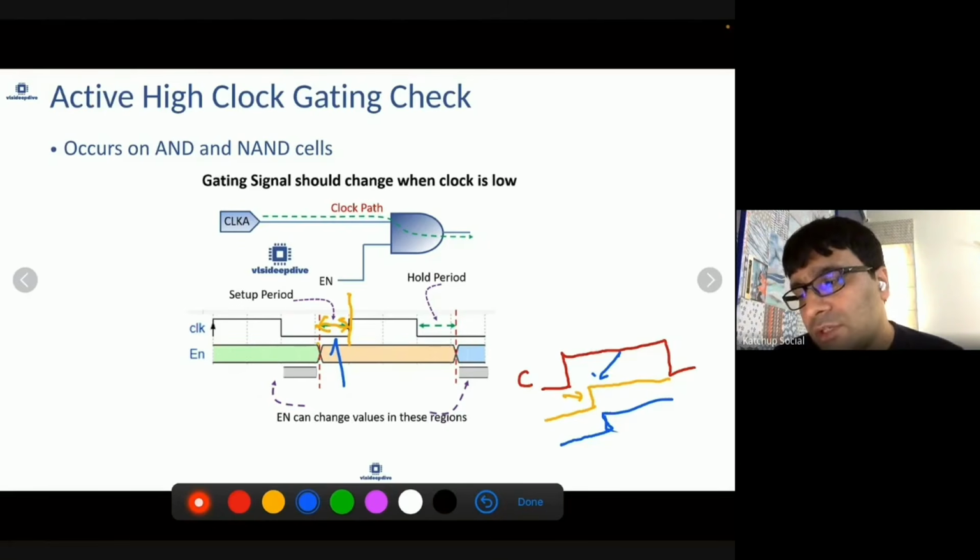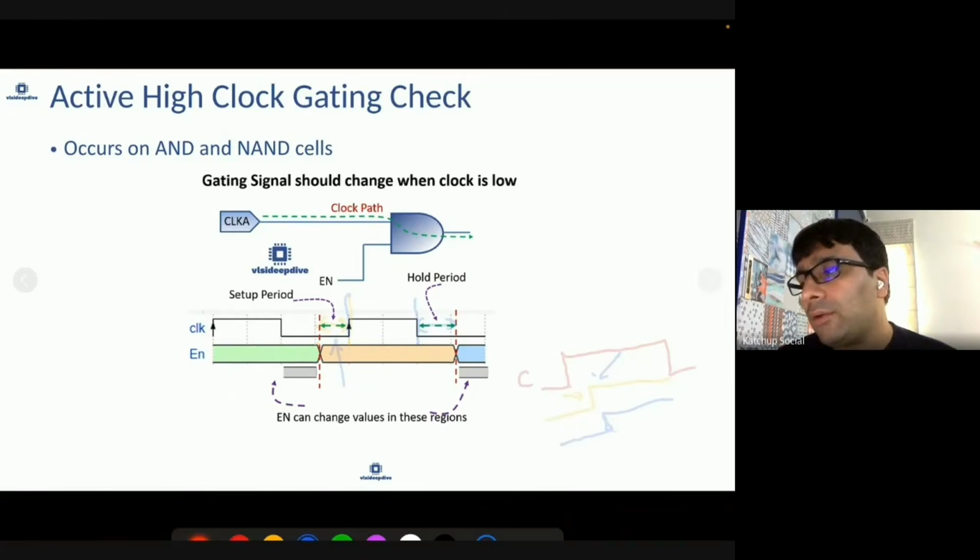It is checked that before the clock edge, for a certain set of time, your clock enable signal cannot change. And after the falling clock edge, for a certain set of time, your enable cannot change. If enable changes during that period, either setup or hold, depending upon when it is changing, is violated and it is reported. So this is for when the cell is AND or NAND.